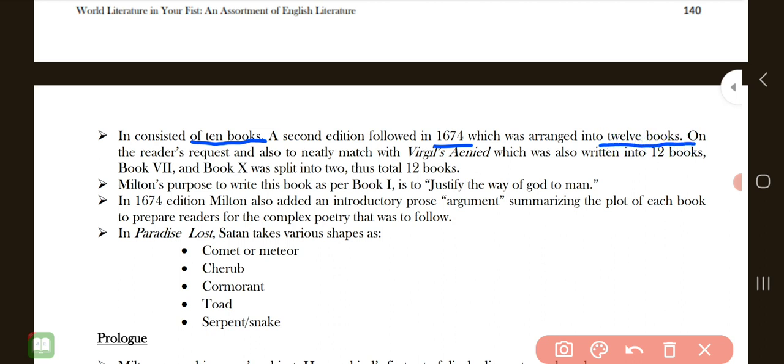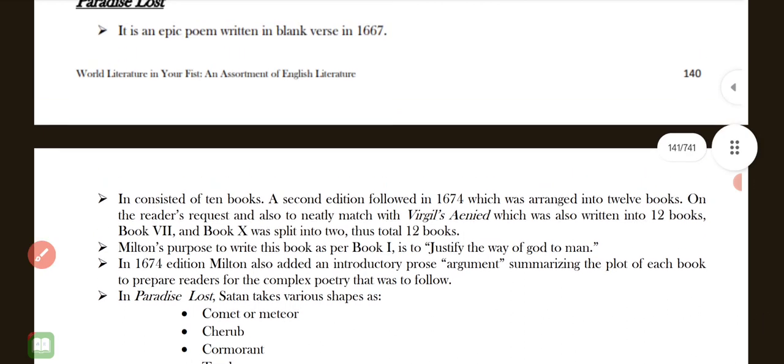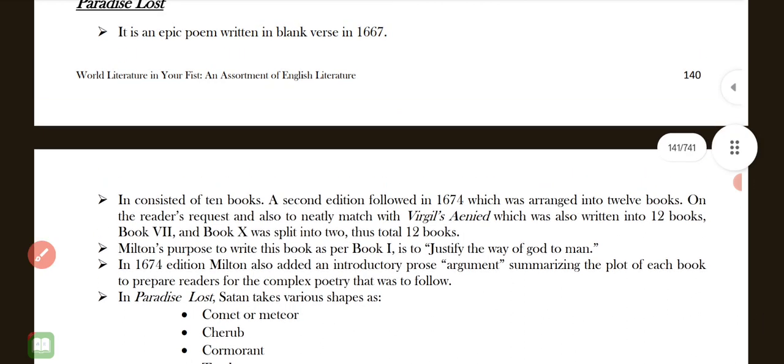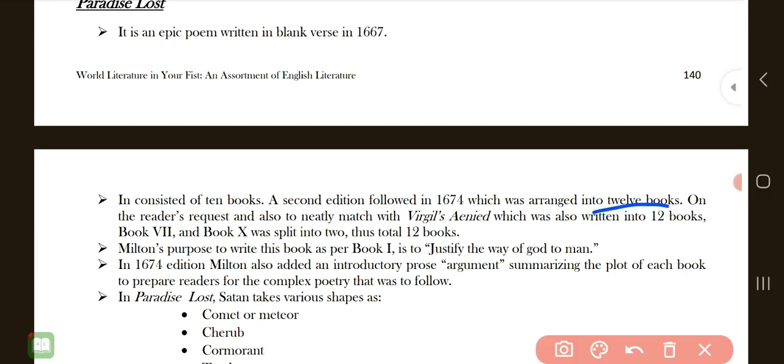So in the first publication it consists of 10 books, and in the second publication it consists of 12 books, on the readers' request and to neatly match with Virgil's Aeneid, which was also written in 12 books.